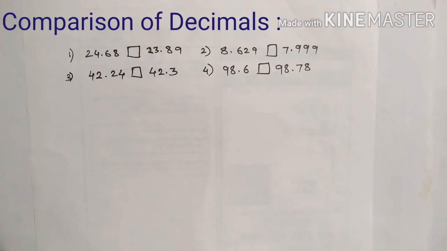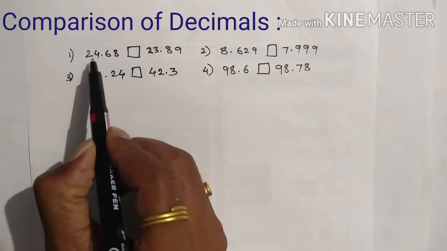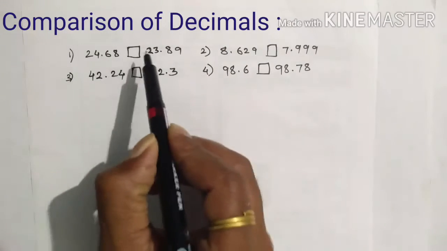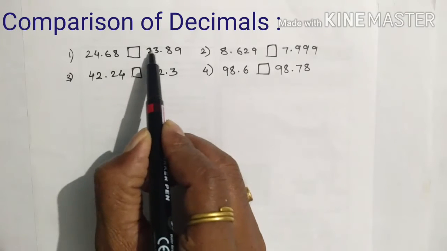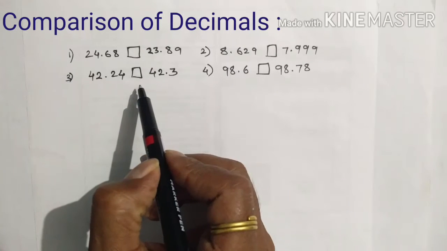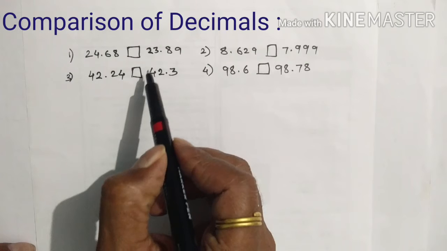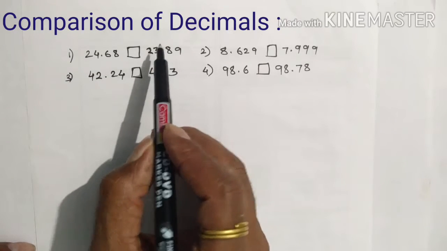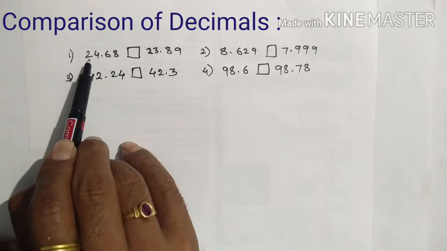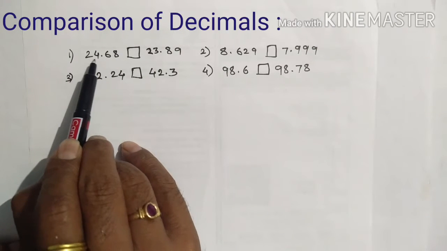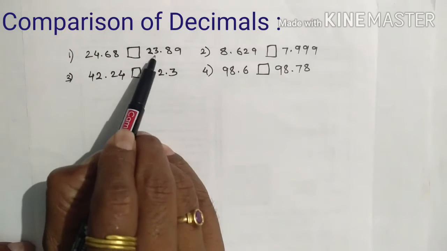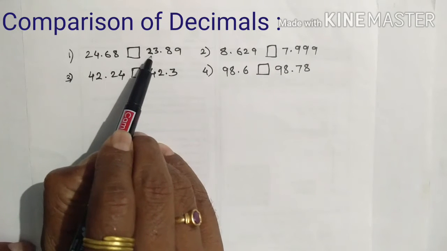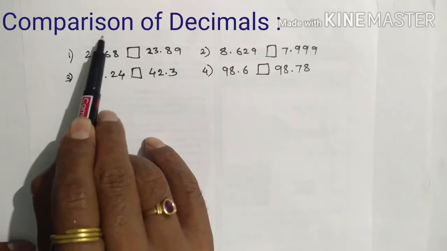Let us take some examples. Example number 1: 24.68, and we have to compare it with 23.89. While comparing decimal numbers, we have to follow some rules. First we have to compare the whole number parts.